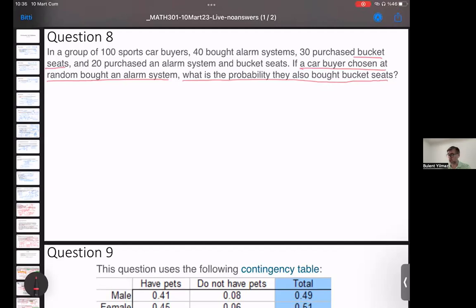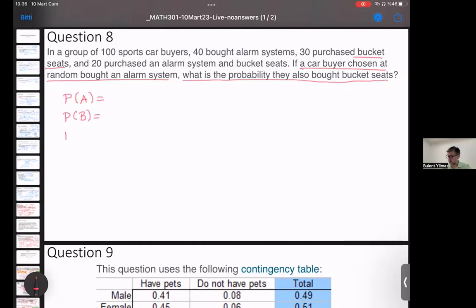Guys, I want you to write the givens, okay? What's the probability of a car buyer buying an alarm system? What's the probability of a randomly chosen car buyer purchasing a bucket seat?